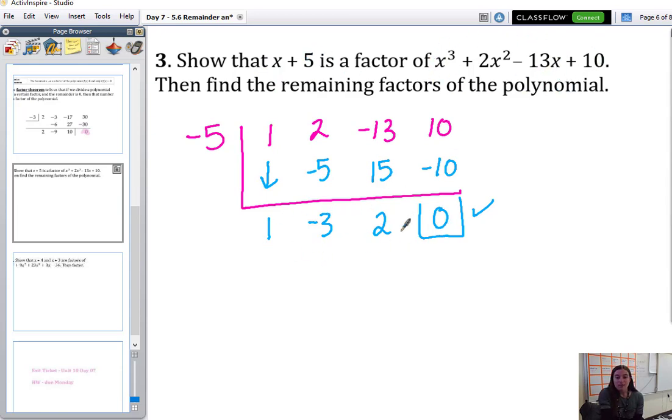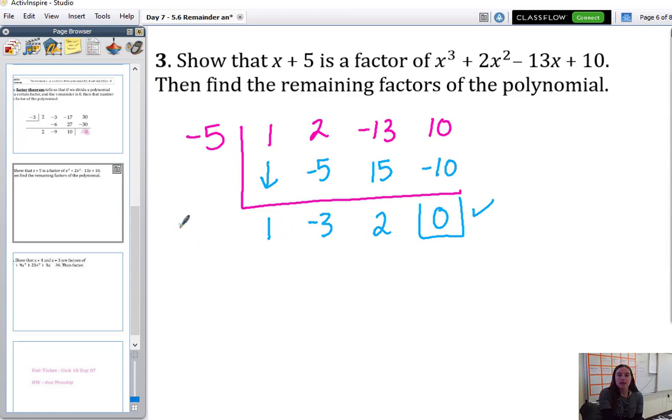Now what I've got left over, that's going to help me make up my next polynomial. So with my remainder of 0, I'm good on that. The next term to the left of that, that's going to be my constant term. The negative 3 here is my linear term, so there's going to be an x with that. The 1 at the very front, that's my quadratic term, so I'm going to have an x squared here. If I had another term in front of that, I would put an x cubed with it.